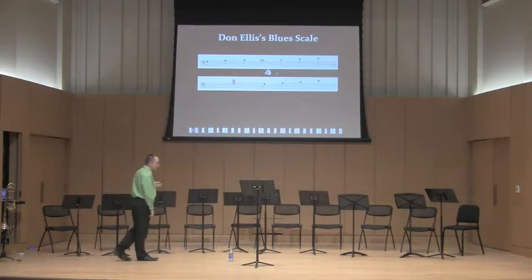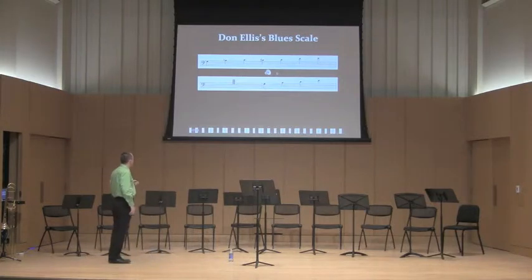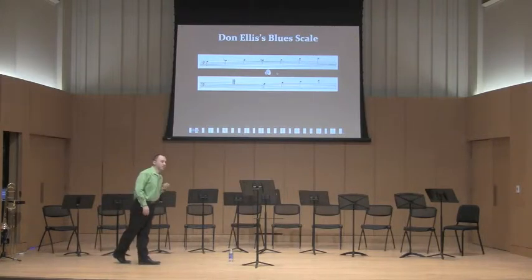And so one of the conundrums that Don Ellis tried to kind of wrestle with is, okay, so if we're going to say that this pitch in the blues scale works, but this is the first harmony we get, which contains this pitch, what do we have to say about that?